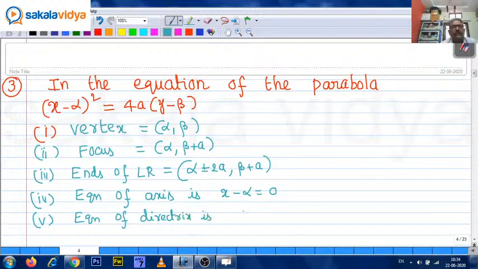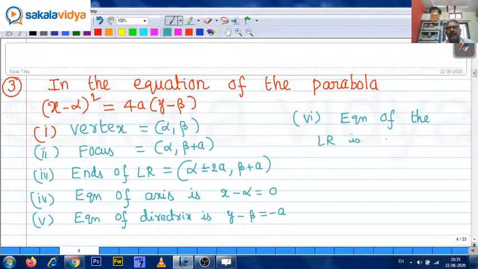The equation of the directrix is y minus beta equals to minus a, sorry. Sixth one, equation of the latus rectum. The equation of the latus rectum is y minus beta is equal to a. Seventh point, length of latus rectum is 4a. You check if any mistake is there.